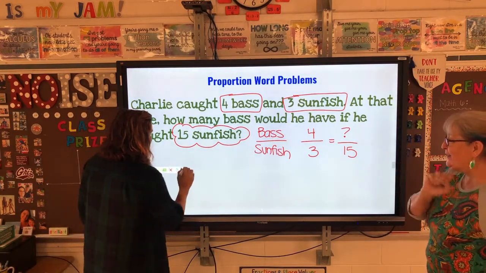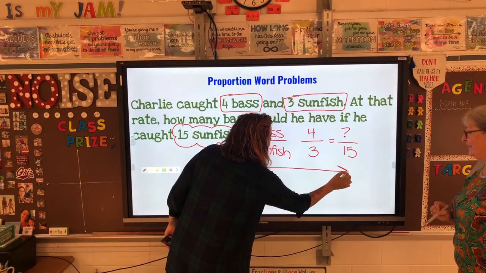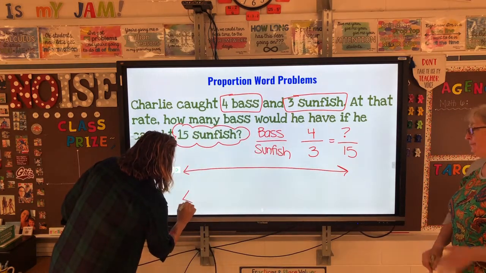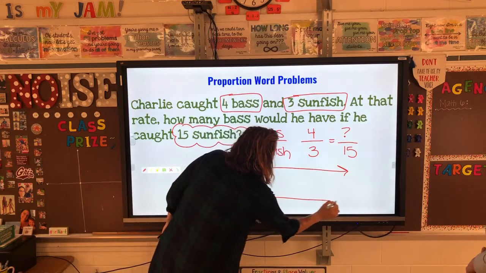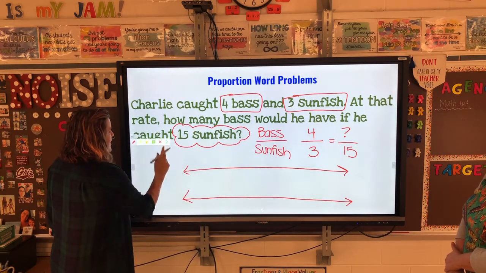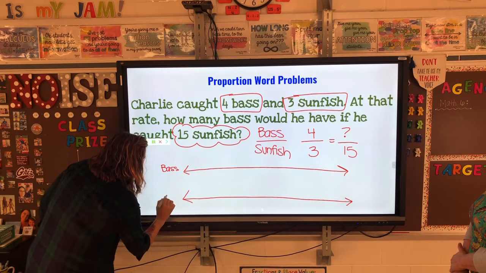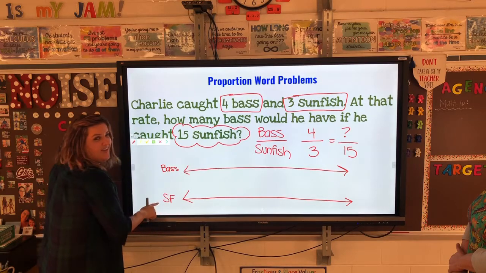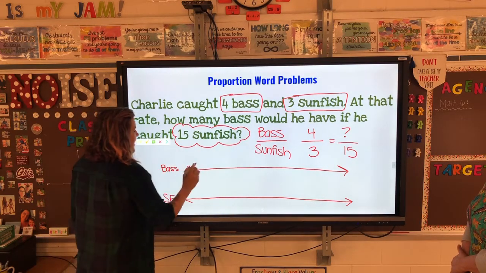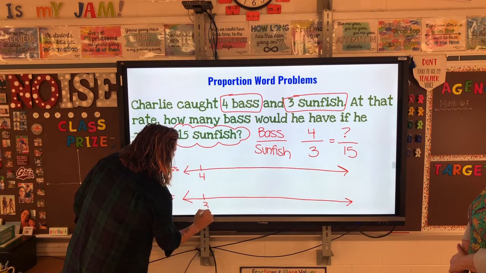I knew it. I like those double number lines so I can visually see all of these equivalent relationships. And I can count by 4 and 3. So I'm going to have this be my bass and this be my sunfish. I'm just going to put SF for sunfish. So this one I'm increasing by 4 and this one I'm counting by 3s.